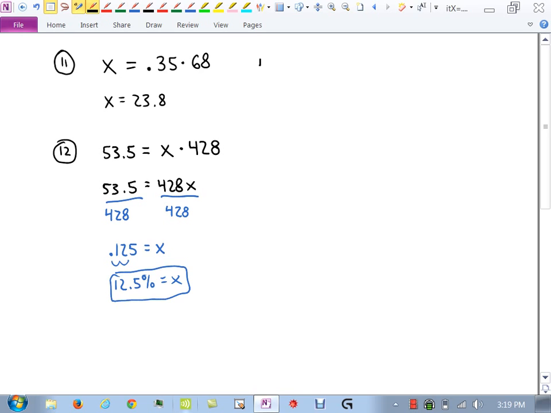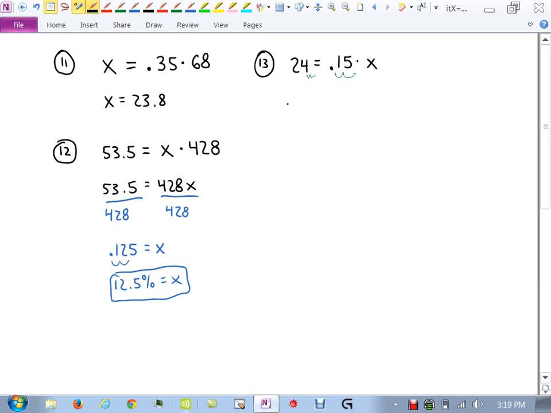All right, number 13. 24 is 15%, 0.15, of is times, what number is x? So I have a 0.15 in front of x. We could use what we did in the past. If we have an equation with decimals, we can move all the decimal points over. So I'm going to need to move 2 places on each of these.